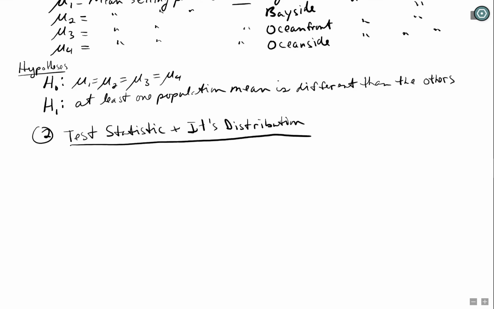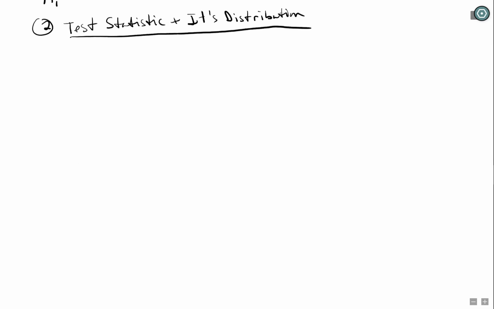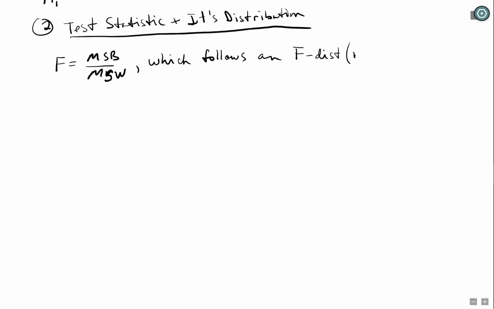Okay, we're using an F statistic here, and that's MSB over MSW, which follows an F distribution with numerator degrees of freedom of t minus 1.